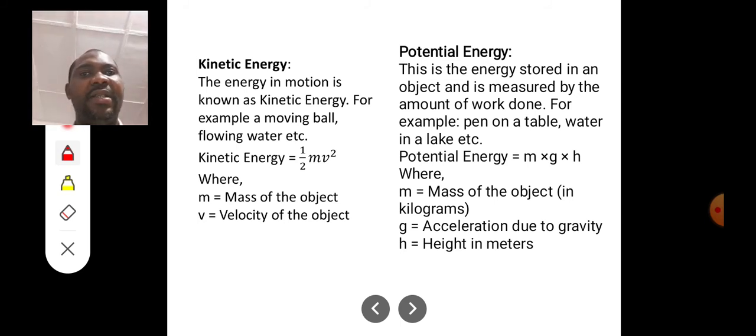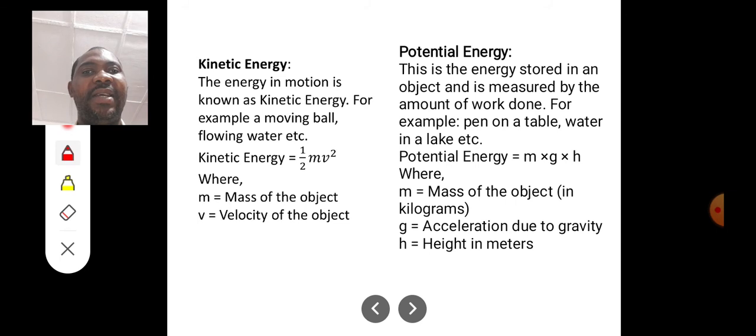Potential energy is the energy stored in an object, and it is measured by the amount of work done. For example, a pen on a table has potential energy.